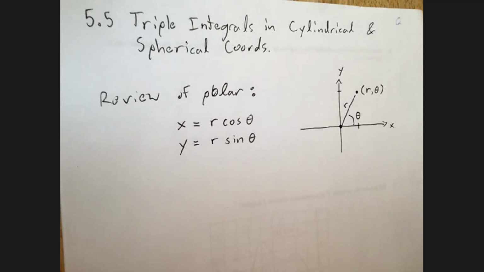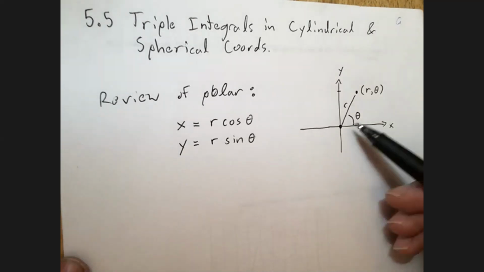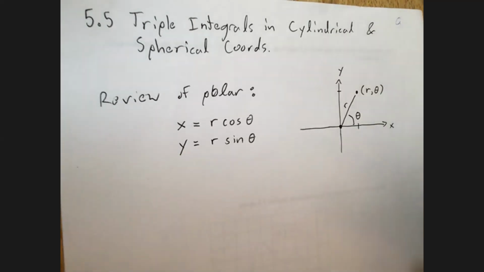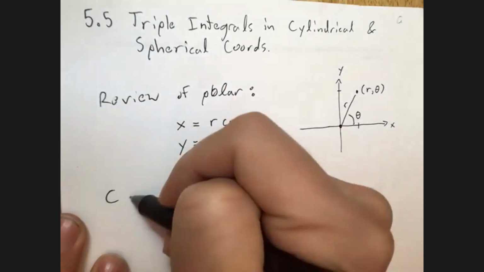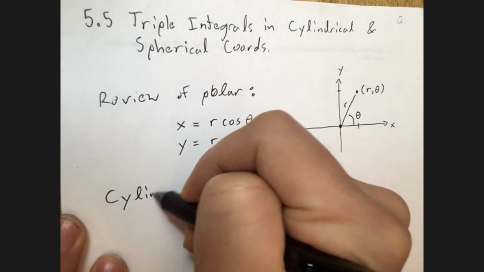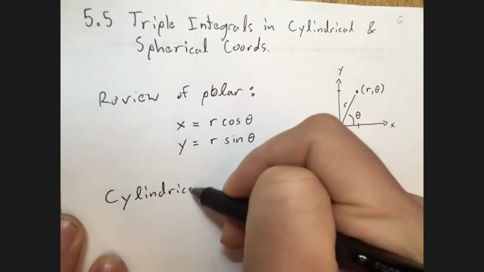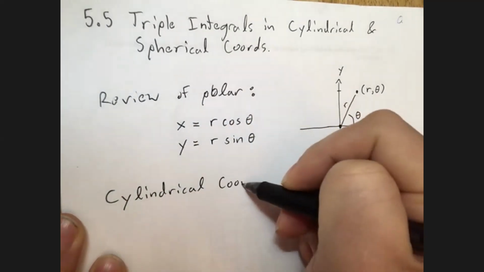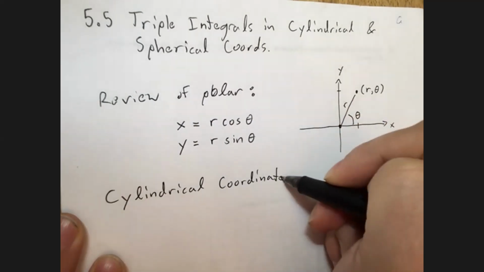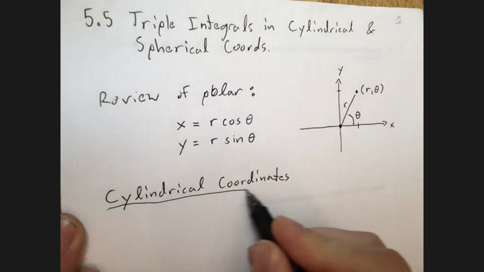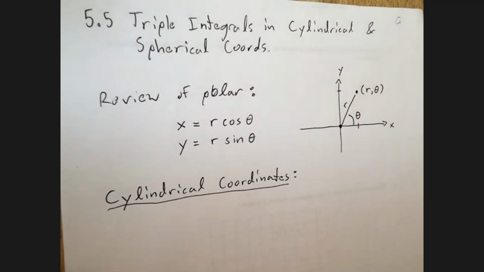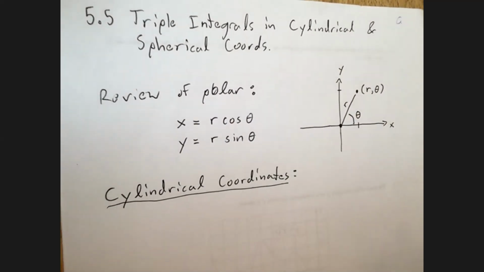Okay? So when we move into 3 dimensions, we're going to add another axis here, and we need to extend things out into that other dimension. The first way to do that is cylindrical coordinates. Cylindrical coordinates are probably the most basic way to do this. All we're going to do is add that z coordinate into the mix. So really, it's almost doing nothing.